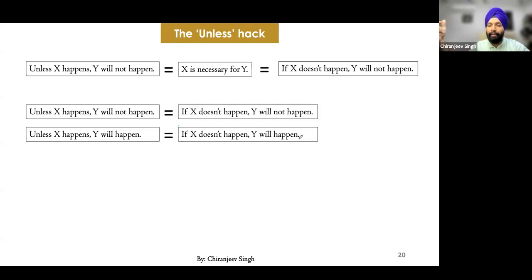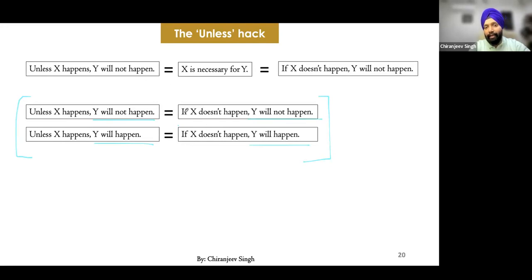Okay, so for example, unless you pass the exam, you will be rejected. So if you don't pass the exam, you will be rejected. That is the meaning. If you observe these two equivalent statements, you will see that the latter part remains the same.